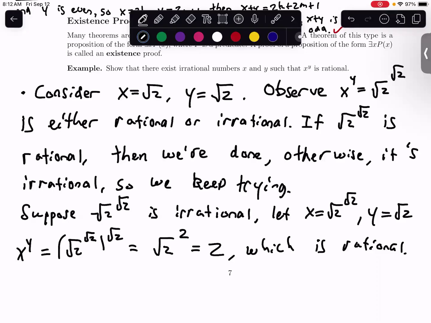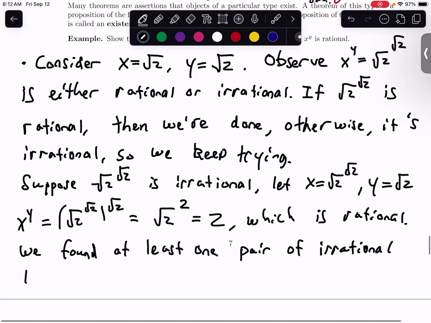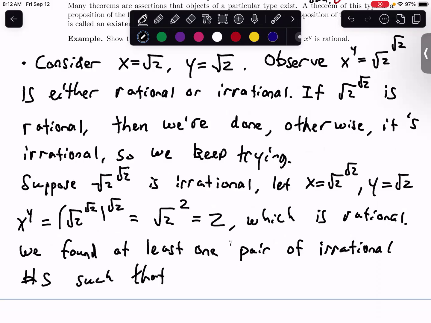So the main point is we found at least one pair of irrational numbers, I'm going to abbreviate numbers as this, such that x to the y power ends up being rational.